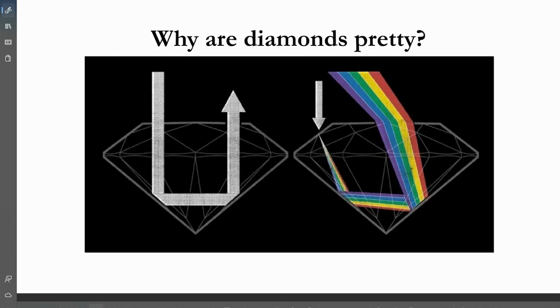Okay. This also tells us why diamonds are so pretty. Diamonds are spectacular to look at because they look like they have all the colors contained within one little gem, which is basically true. We were talking earlier about how different wavelengths have different indices of refraction, which means they will have different angles.